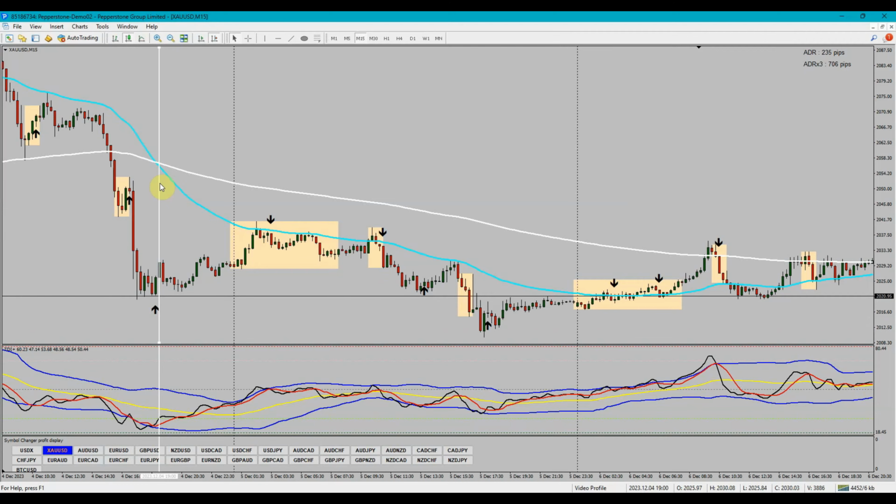So the bigger number tends to be a slower moving average, and the 50 is a faster period moving average. So that means that the 50 period moving average is going to reflect price action quicker than a 200 period moving average. Okay, let me say that in a different way.